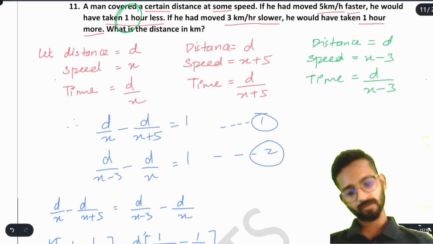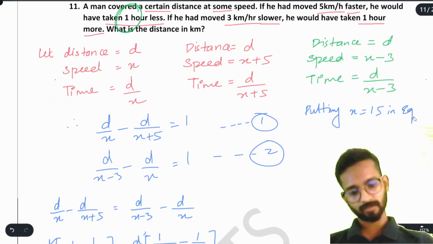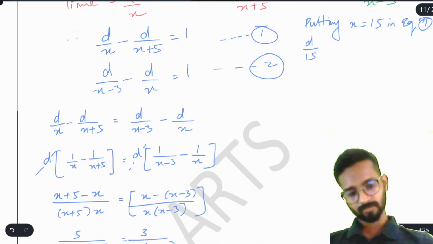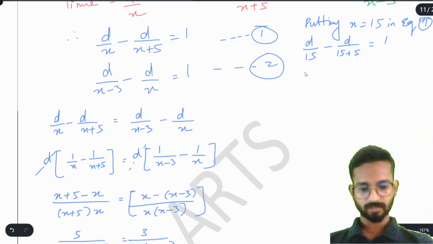Now, putting x is equal to 15 in equation 1, d by 15 minus d by 15 plus 5 is equal to 1.